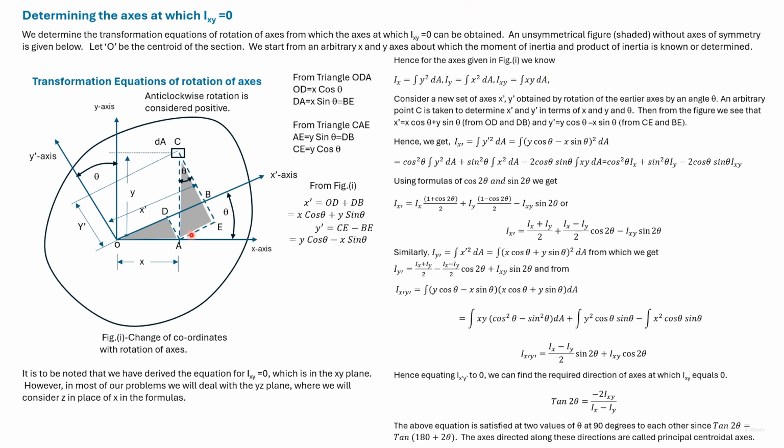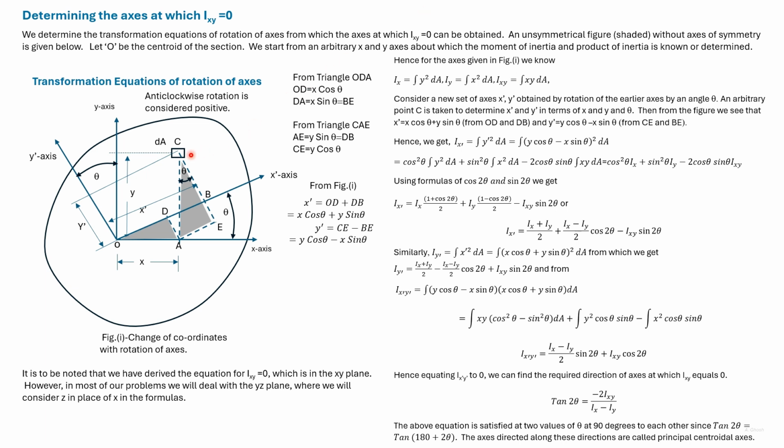We then rotate the coordinate system by an angle theta. So this is the x dash axis and this is the y dash axis. We'll now find Ix dash, Iy dash and Ix dash y dash.